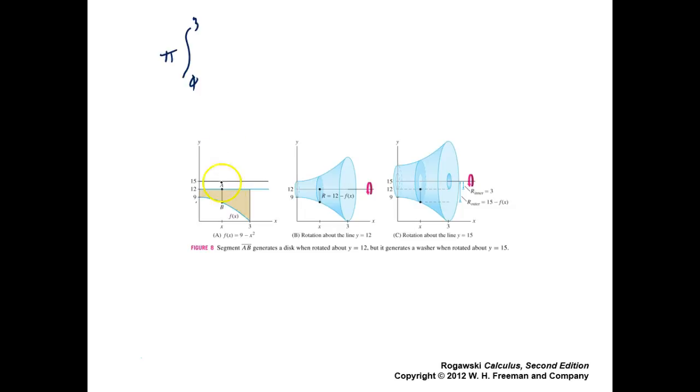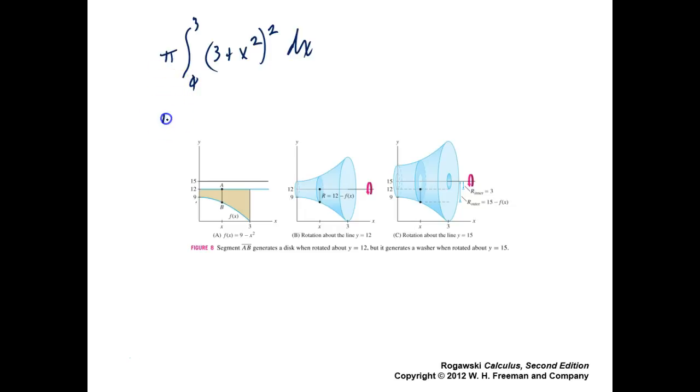R squared is 12 minus, I said it wrong, I think. Yeah, I did. 12 minus a 9 minus x squared. So that would be 3 plus x squared, pi r squared. And then your dx is going to give you your distance there, okay?